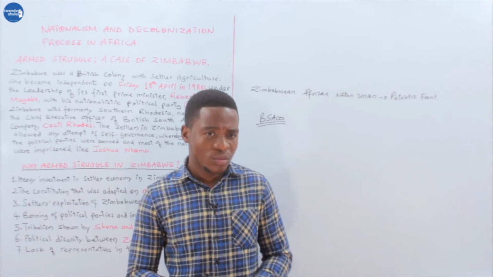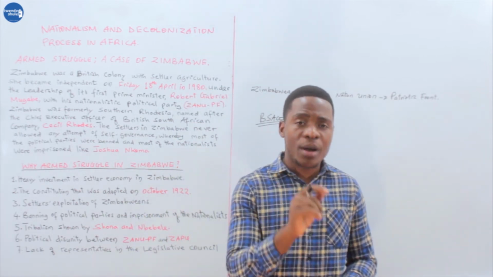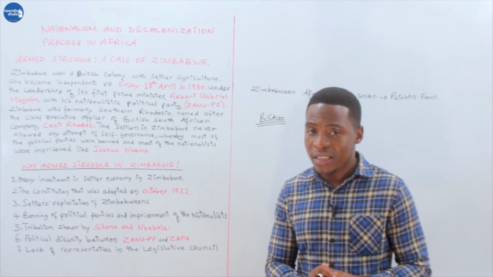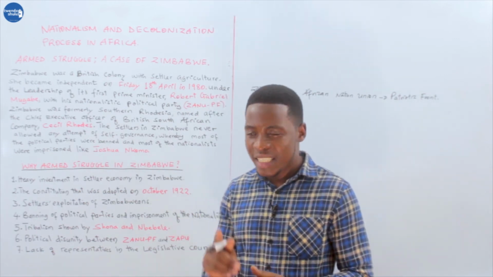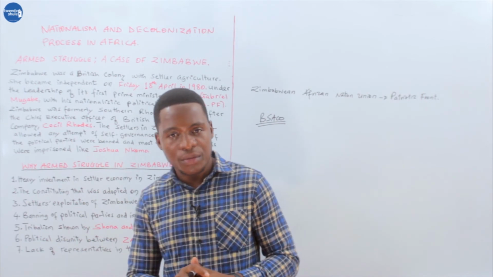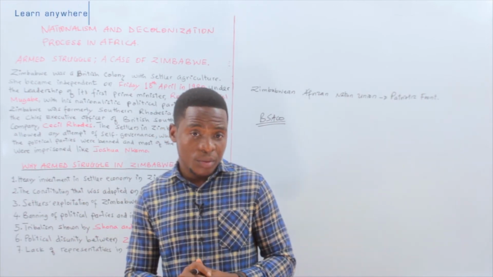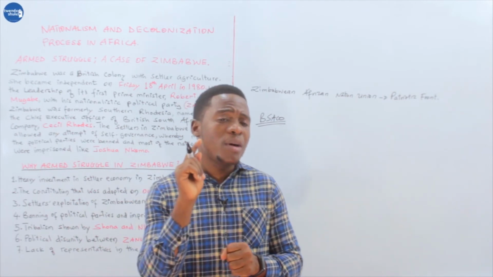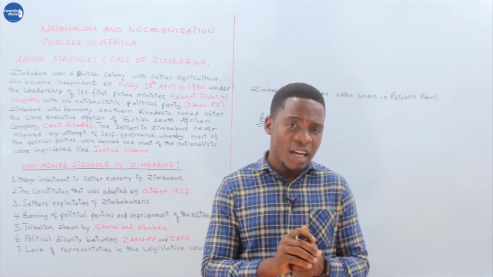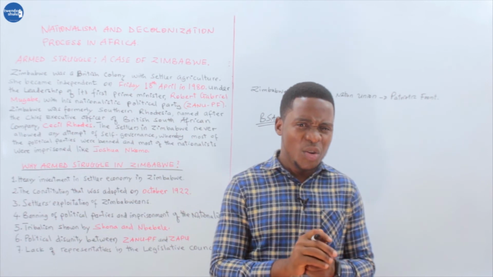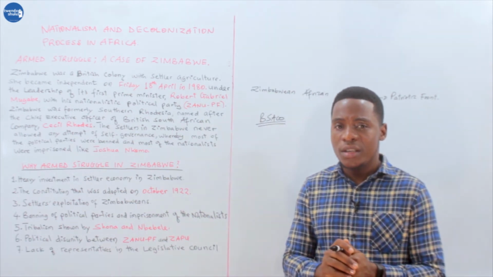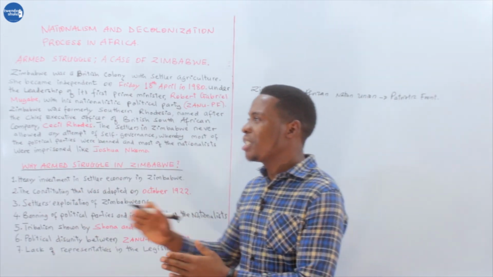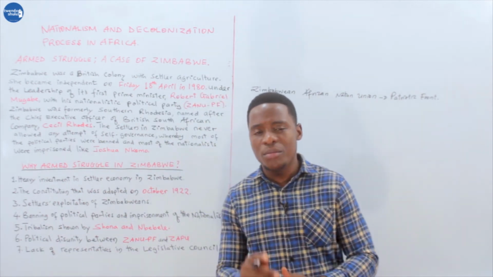Therefore, for too long, when the people of Zimbabwe tried any attempt at self-governance, the settlers never allowed it. So it was necessary for the people of Zimbabwe to wage an armed struggle to get rid of colonial domination, because when they tried other attempts, like forming political parties to negotiate with the settlers, the settlers never allowed them.